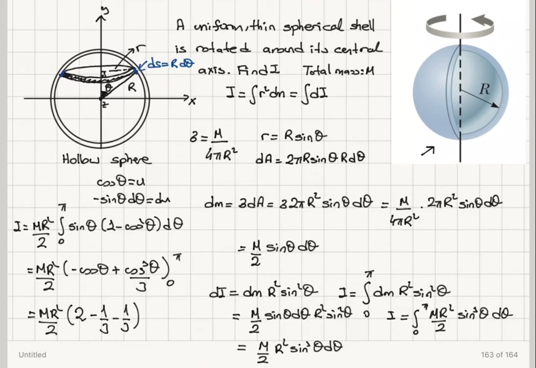So this will give me 2 minus 2 over 3, mr squared over 2 times 4 over 3. The answer is 2 over 3 mr squared.